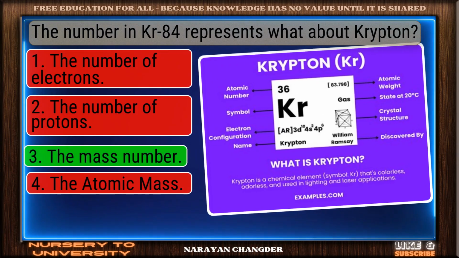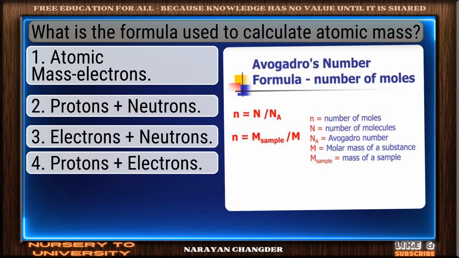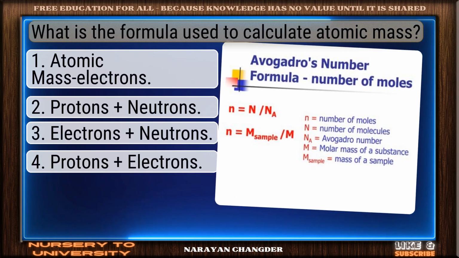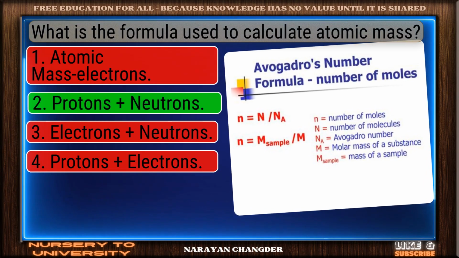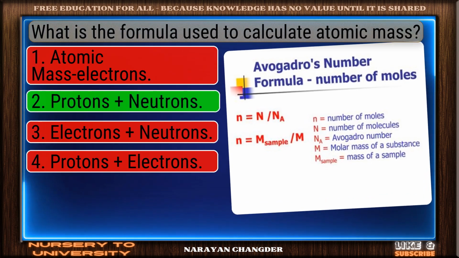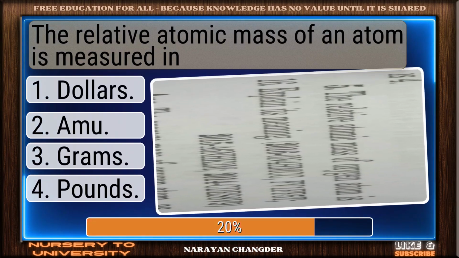Nice selection. The mass number is the correct and valid answer. What is the formula used to calculate atomic mass? Well reasoned. Protons plus neutrons is the correct choice. The relative atomic mass of an atom is measured in.